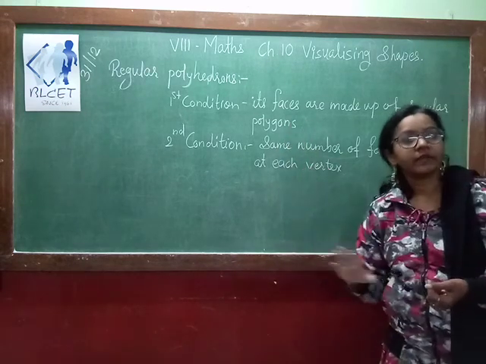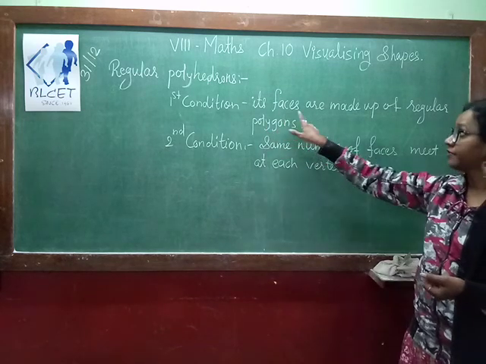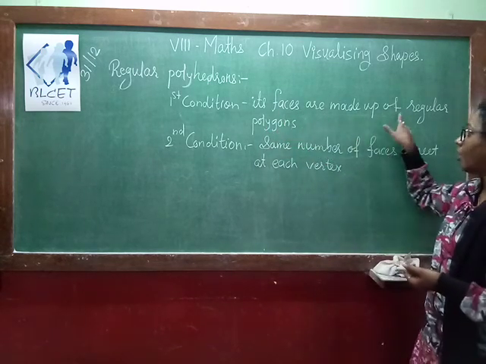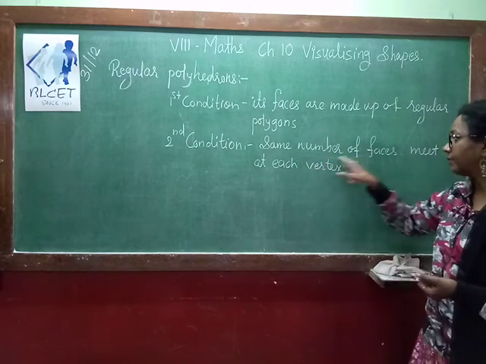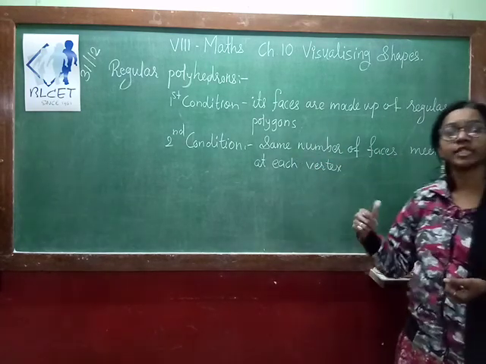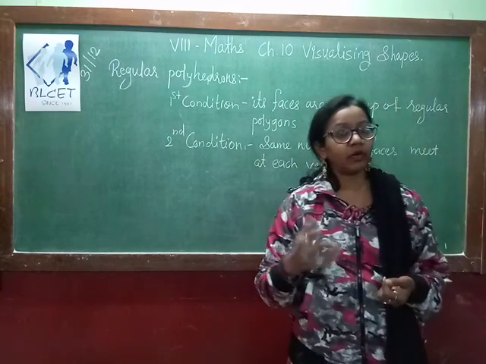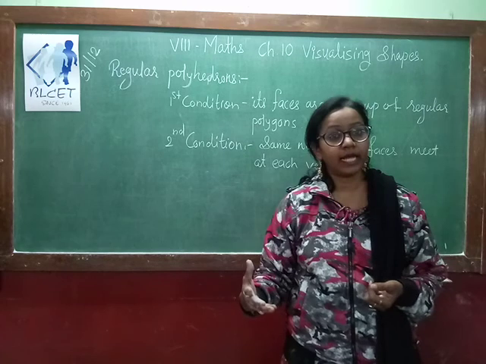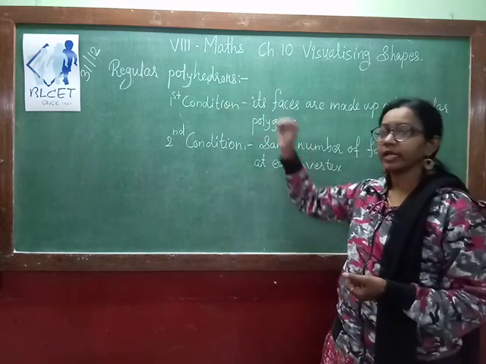First condition, its faces are made up of regular polygons. And second condition, the same number of faces meet at each vertex. If these two conditions are fulfilled, then only can it be referred to as a regular polyhedron.